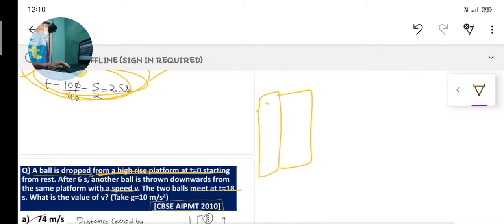So now here, the ball is dropped from a high rise platform, starting from rest.